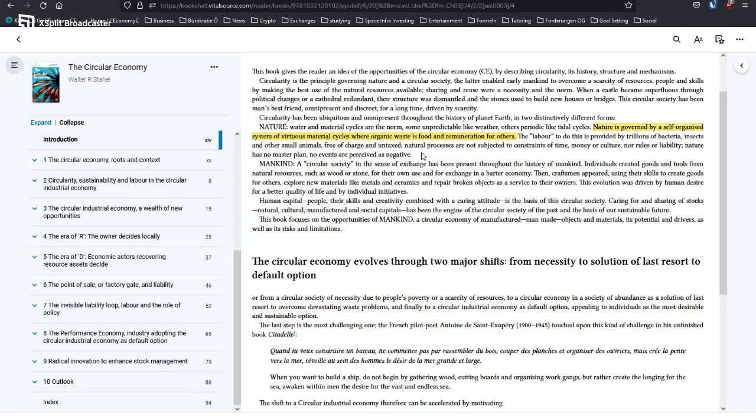And so this is a very important mindset shift from the linear industrial economy to the circular economy, where in today's system, waste is seen as a resource, and in the future, there will be no waste.